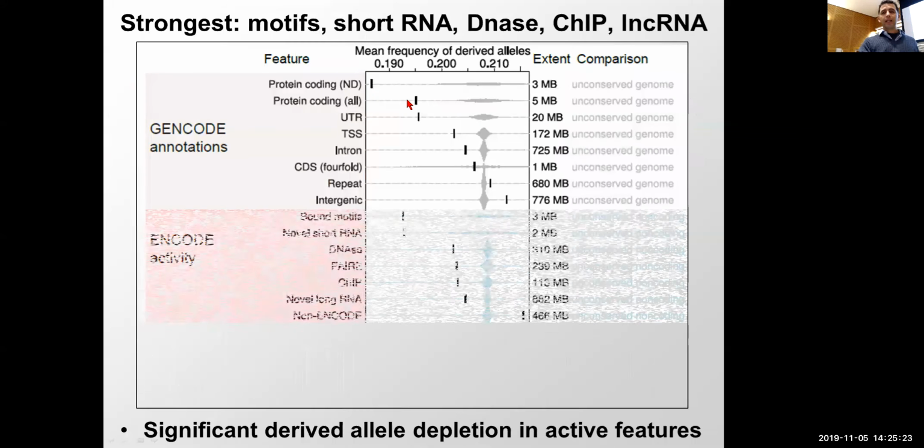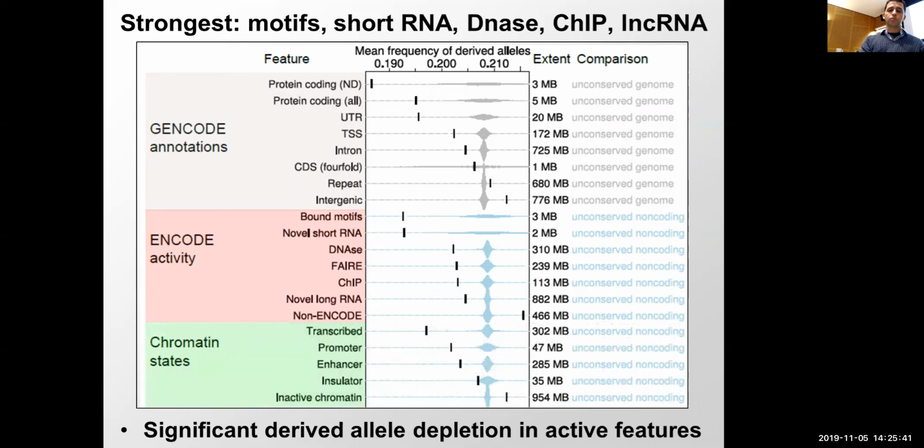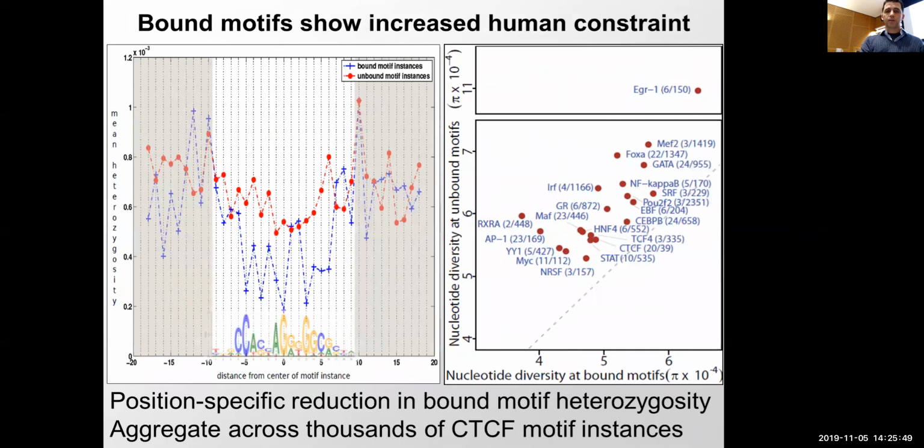And that allowed us to say that, from the distribution that you would have expected in all these different classes of elements, if you had a motif that was bound, you had within the human lineage dramatically more constraint, based on the proportion of derived alleles, than what you would expect by chance. So that allowed us to start estimating the amount of constraint in different classes of elements, and also within different motifs.